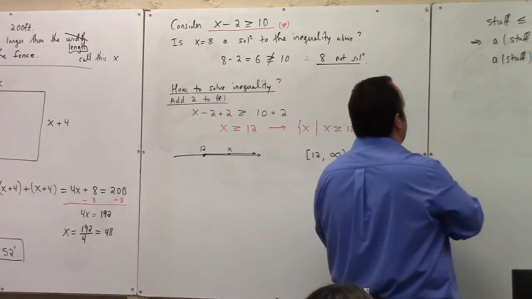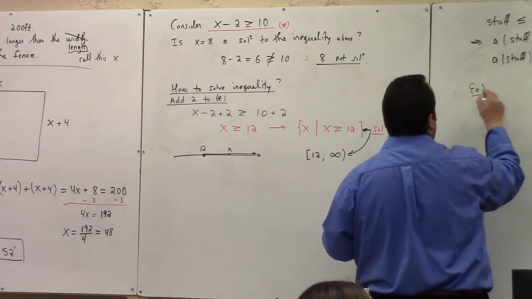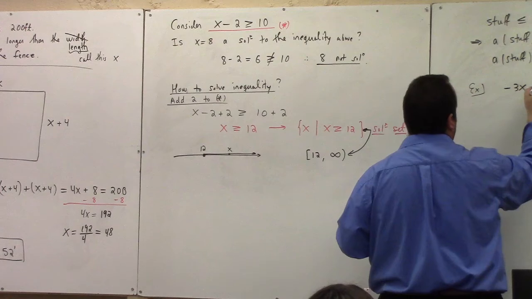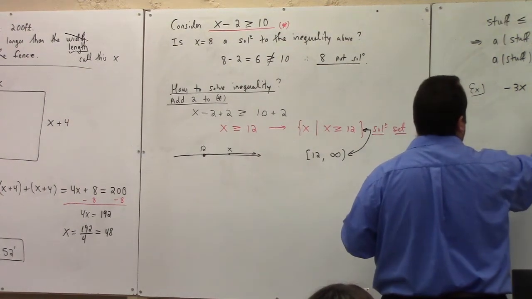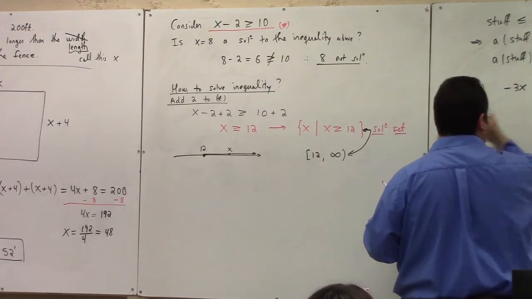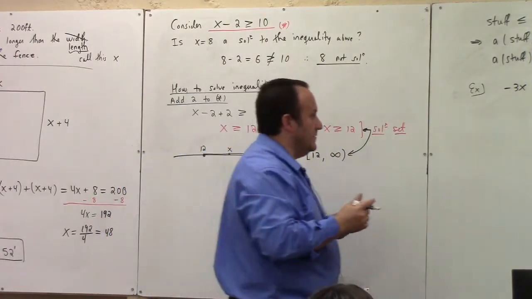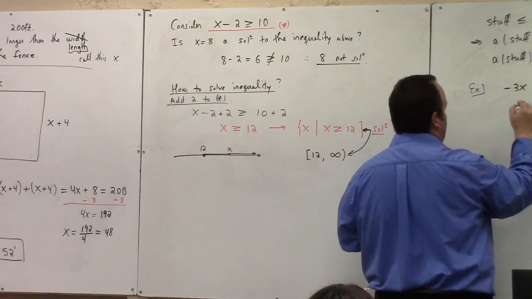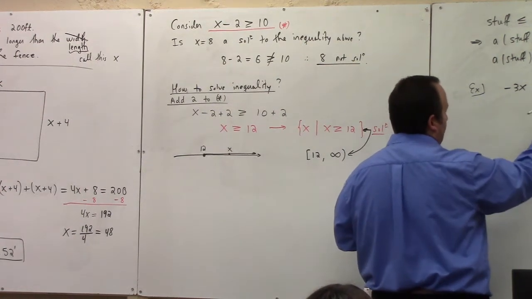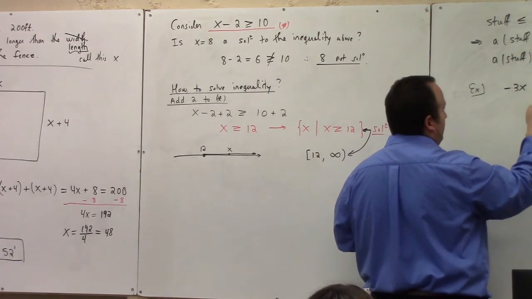So for example, if I wanted to solve minus 3x less than or equal to 6, then I can divide by minus 3.